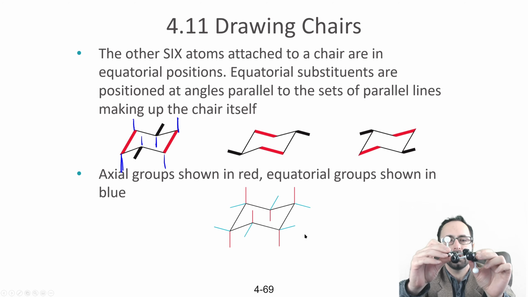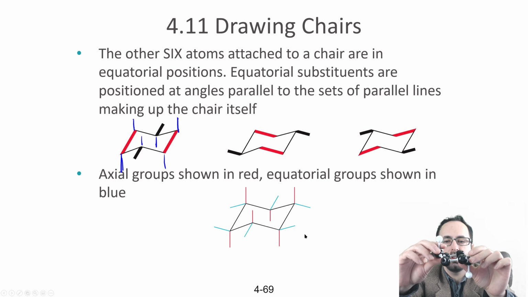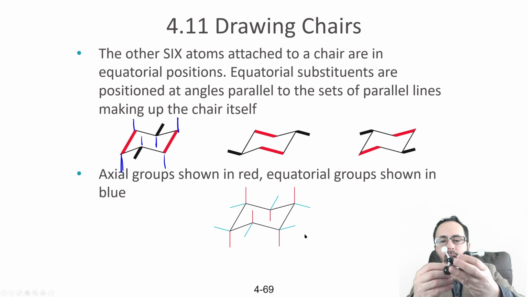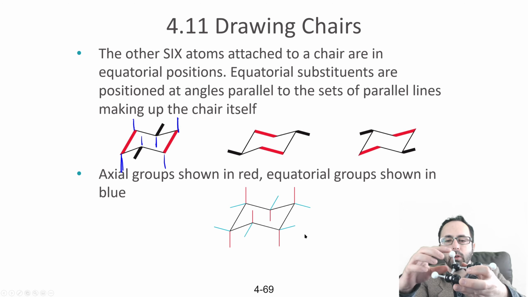Now, something I want you to notice is when you do a chair flip, the positions switch. So now, do a chair flip, up, down like that. Now, this one that was equatorial is now axial. And the two ones on the ends that were axial are now equatorial. The axial positions would be here now.